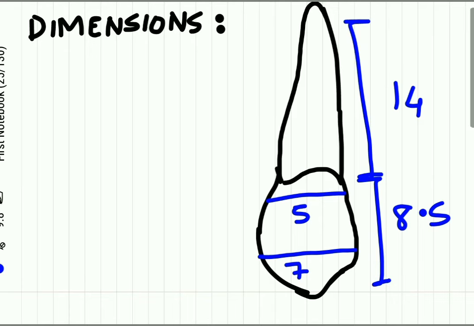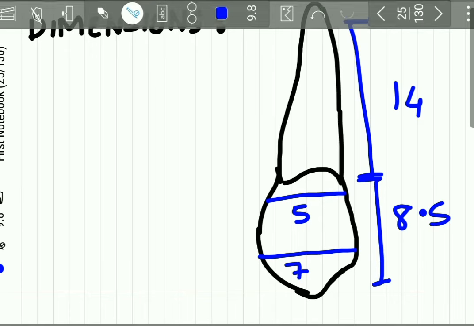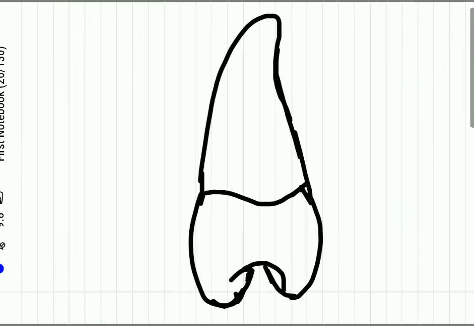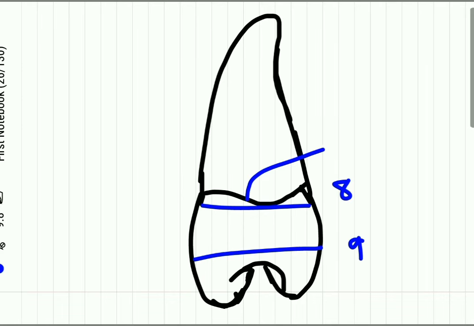The buccolingual dimensions of the tooth: the maximum buccolingual dimension is 9 mm, while at the cervix it is less by 1 mm, that is 8 mm. Then the cervical line curves mesially by 1 mm and distally it is 0.